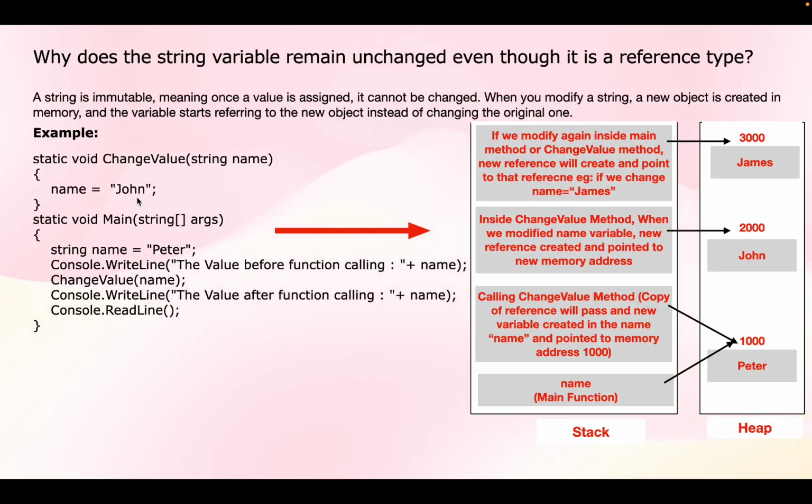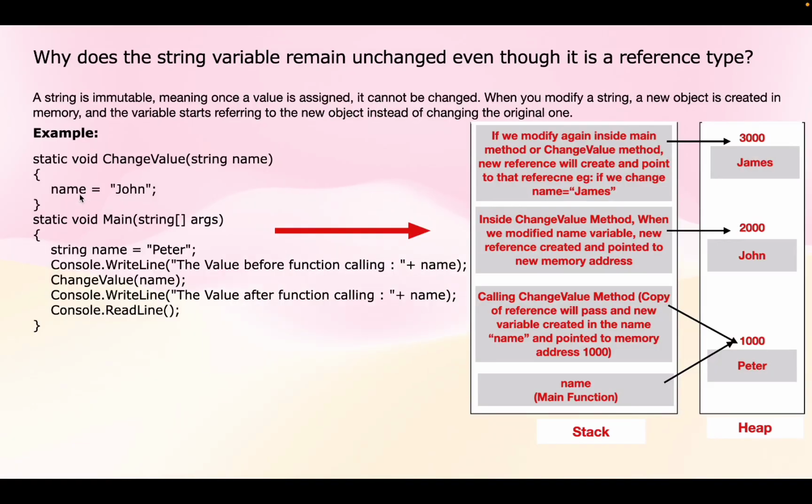Inside heap memory a new address is created, let's assume 2000, and the value John is stored at that new address. Now the name variable inside the change value method points to the new address 2000, while the name variable inside the main function still points to memory address 1000, so the modified value is not reflected here because both memory addresses are different.